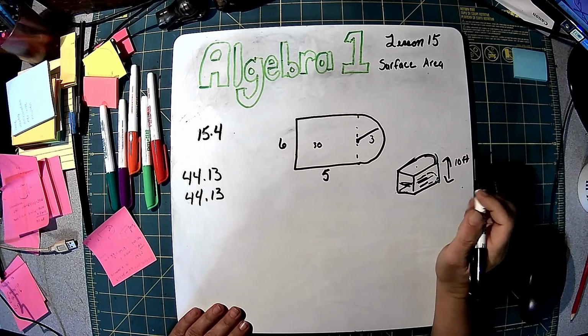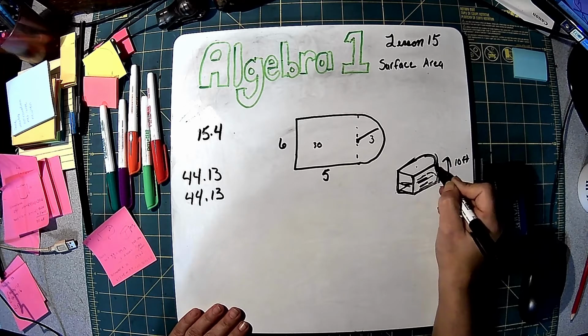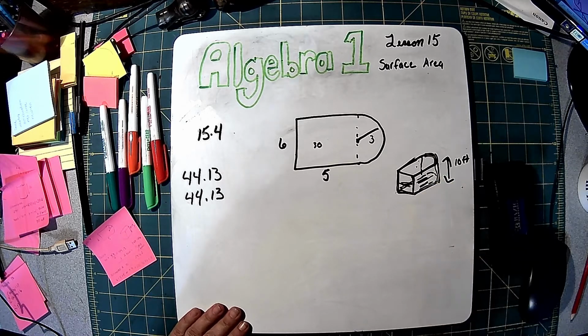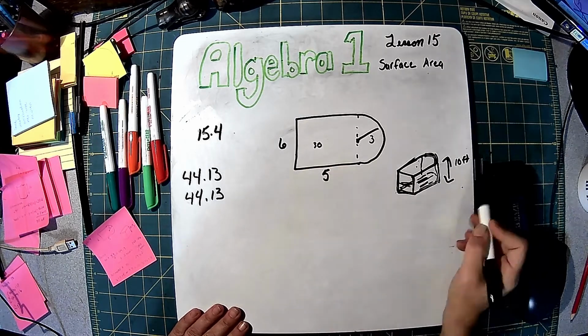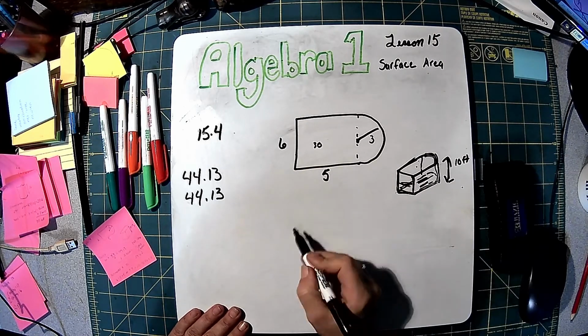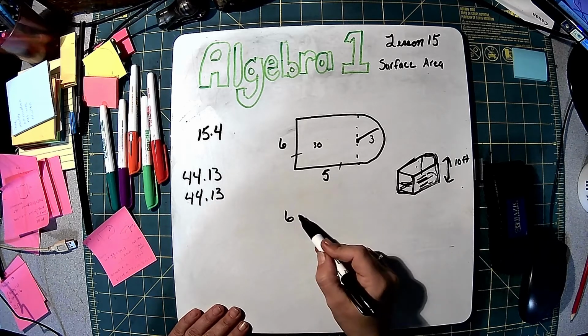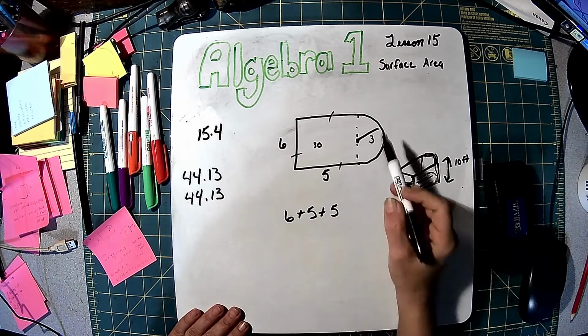Now there's a couple ways that you could do this. You could figure out this one, and then that one, and then the roundy one, and then of course there's the one on the back side there. The easiest way is to figure out the perimeter all the way around, and then multiply it times your height. So our perimeter is going to be 6 plus 5 plus another 5 plus whatever this is.